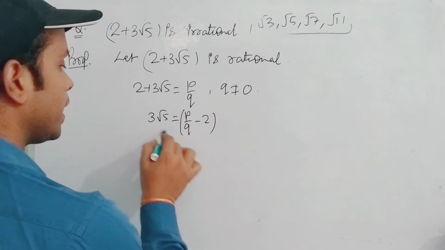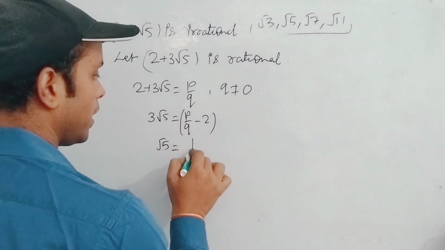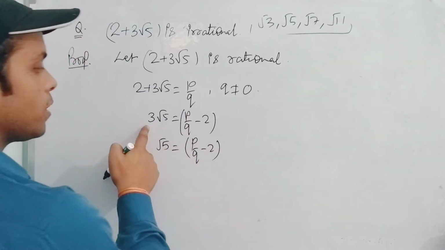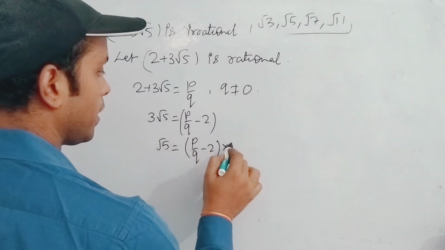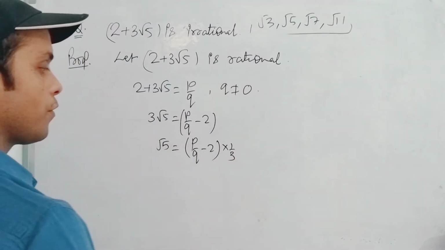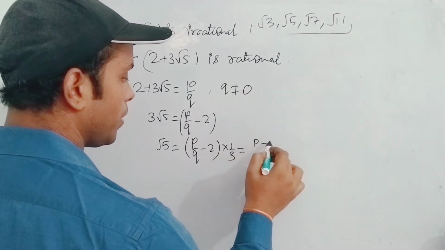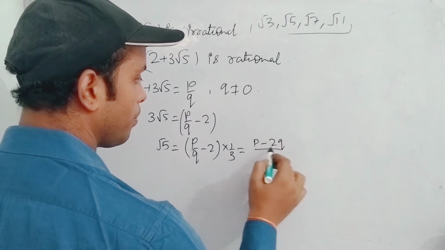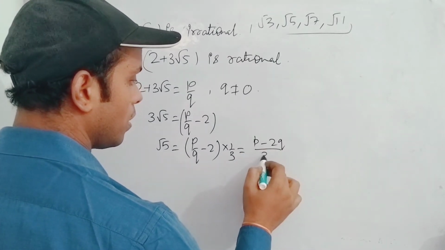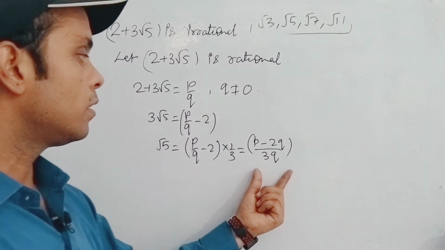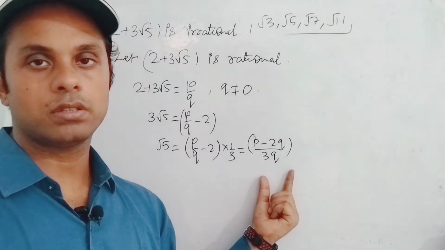Basically we try to find the value of the root in this type of questions always. 3 was in multiplication, so you can write it in division. Now look, you simplify this. When you simplify the bracket, you obtain p minus 2q upon 3q.